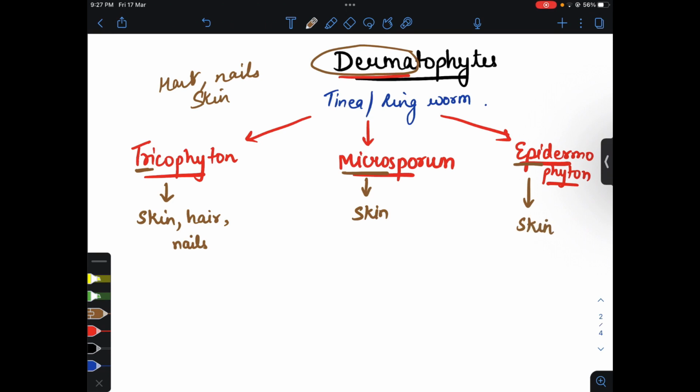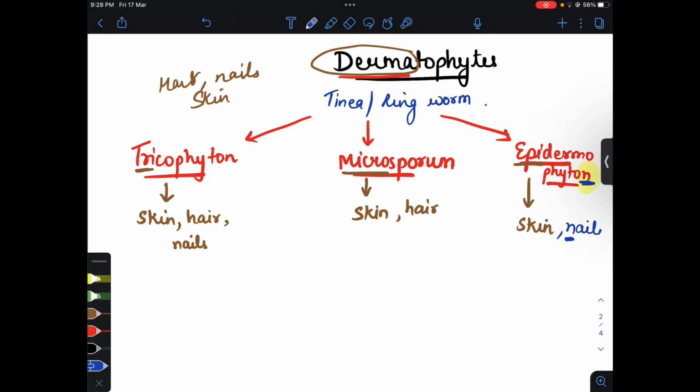Now in trichophyton, both hair and nails are also involved, but in microsporum, which part is micro, hair or nails? Hairs are micro. So in microsporum, skin and hair are involved, while in epidermophyton, the letter N represents the nail. So we can remember N represents nails.